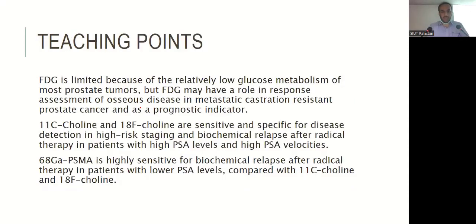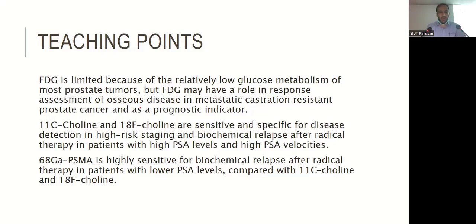The teaching point for the PET scan is that FDG is limited because of the relatively low glucose metabolism of most prostate tumors, but FDG may have a role in response assessment of osseous disease in metastatic castration-resistant prostate cancer and as a prognostic indicator.